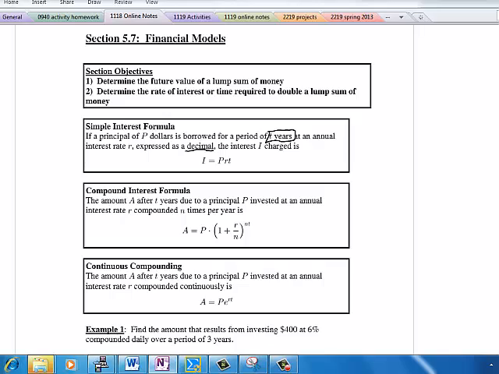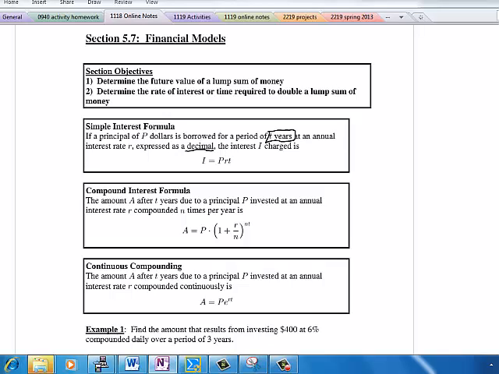The way this is stated is as interest charged on a loan, but you could also use the same formula to calculate interest paid on an investment if it's a simple interest situation.